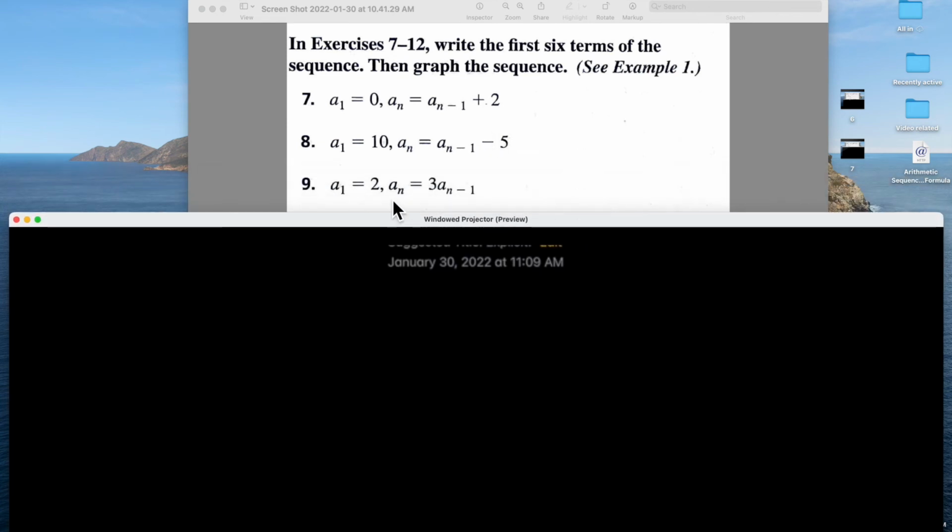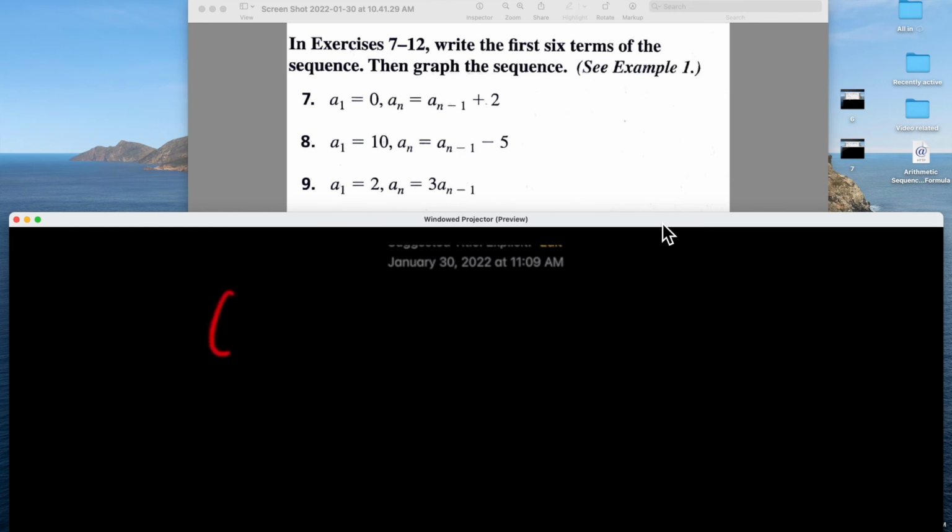Look at this. Here, to get the value at a given position, you go to the position right before it, which is n minus 1, and you multiply by 3. So now I know that this is a geometric sequence, and I know that's my common ratio. That's the number that I'm using to jump to the right as I progress along the sequence from left to right.